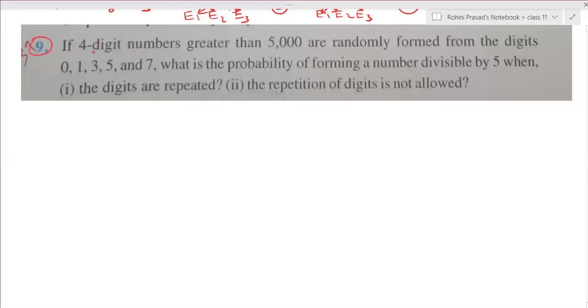Question number 9. If the 4-digit numbers greater than 5,000 are randomly formed from the digits, what is the probability of forming a number divisible by 5?